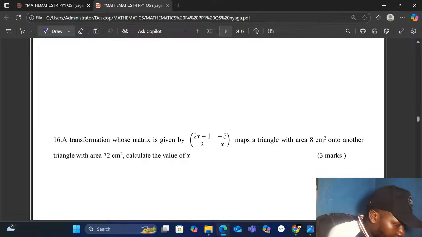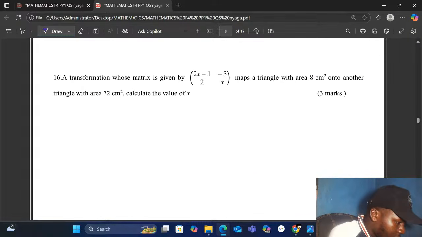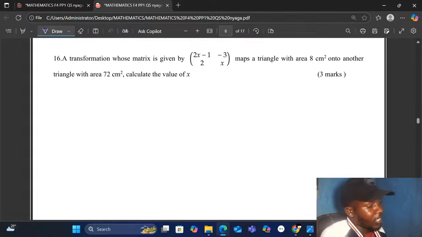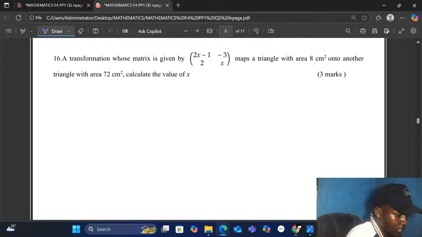Then we move to the last question on section 1, that is on transformation, matrices and transformation. The question reads, a transformation whose matrix is given by 2x minus 1, 2, and then negative 3x, maps a triangle with area of 8 square centimeters onto another triangle with area of 72 square centimeters.